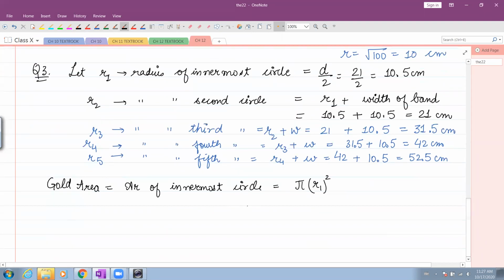I'm going to leave the calculation part up to you. I hope you will be able to do that.